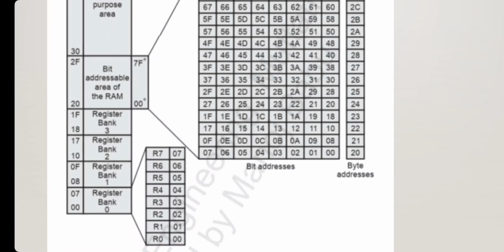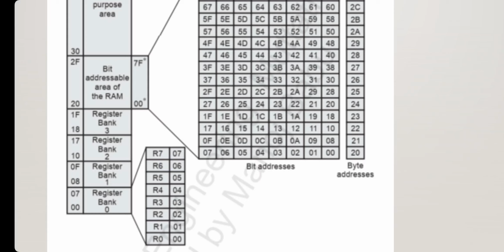When we consider register bank 0, it can be elaborated like this: register bank 0 is 8 byte and consists of R0, R1, R2, R3, R4, R5, R6 and R7. The same is repeated in register banks 1, 2 and 3.